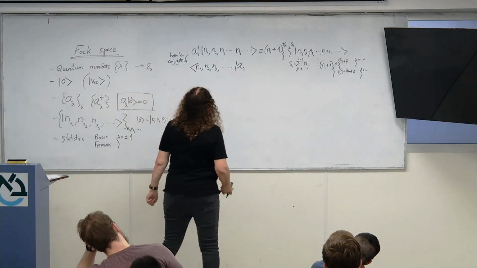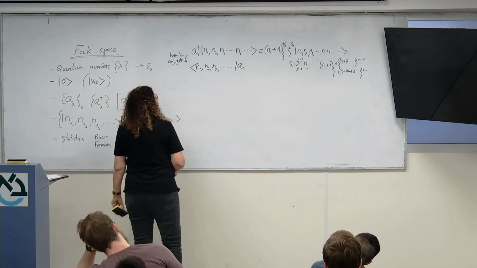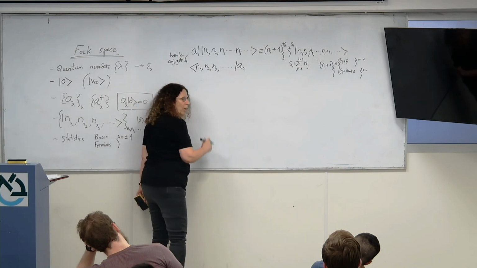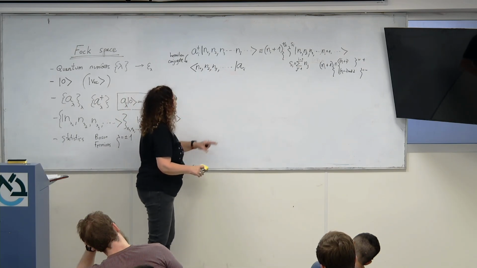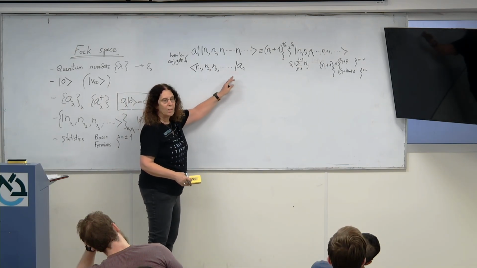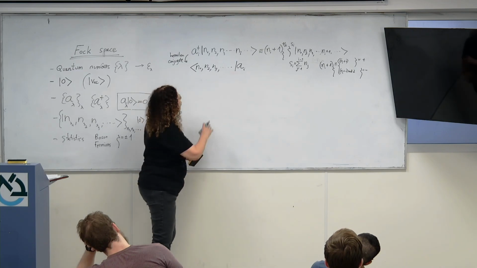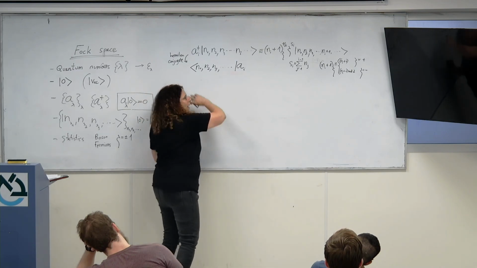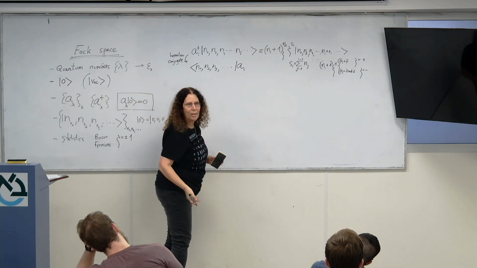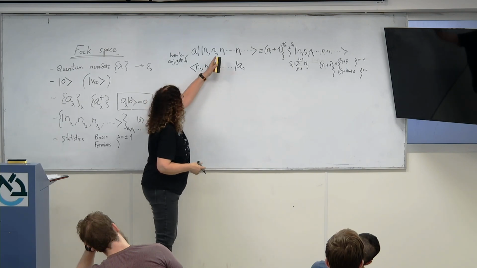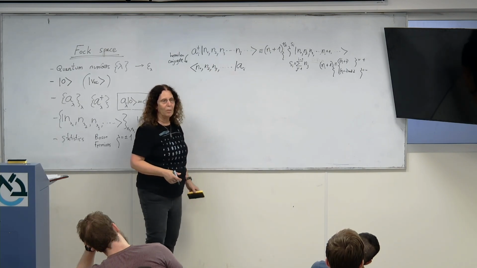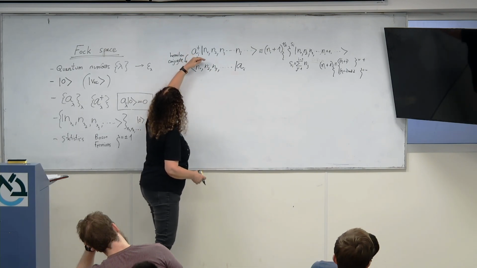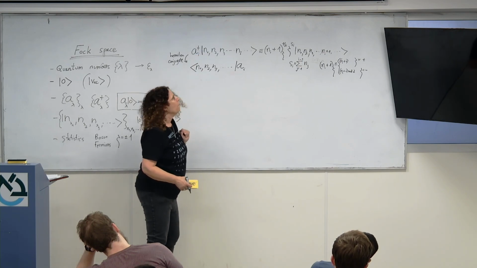Very good. So why am I mentioning it? Because from this we cannot deduce what A_i acting on the right is going to be. This is just an identity: if this is a state, this is its conjugate.